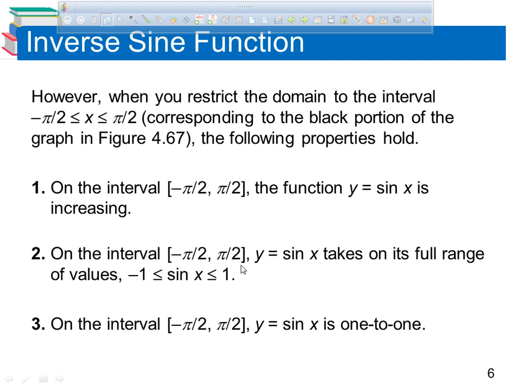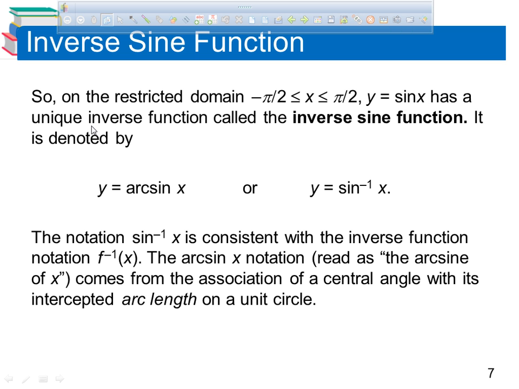On this interval, y takes on the full range of values for sine between -1 and 1. On this interval, y equals sine x is one-to-one. Okay? So on the restricted domain, they call this inverse sine of x. The notation inverse sine of x is consistent with inverse functions, but the arc sine notation has the arc sine, and so on. Okay?